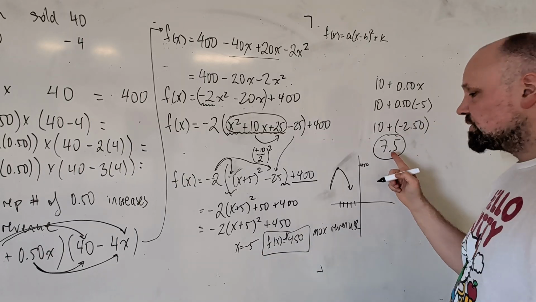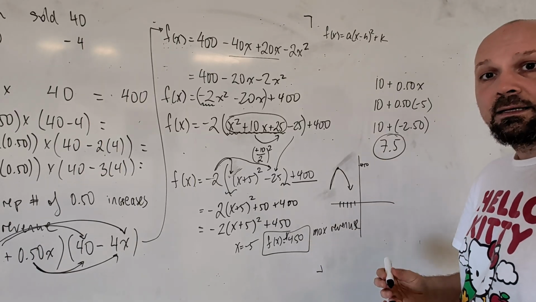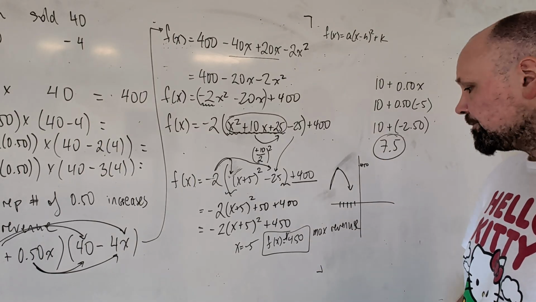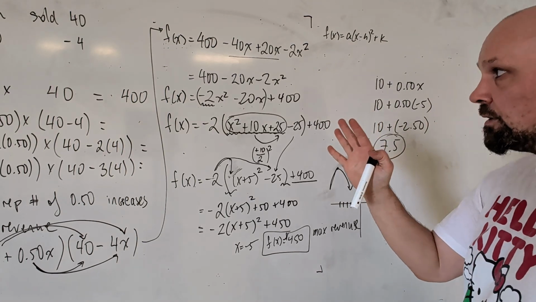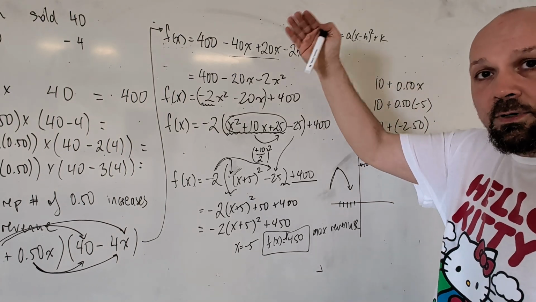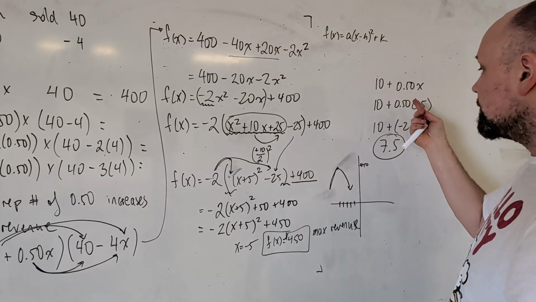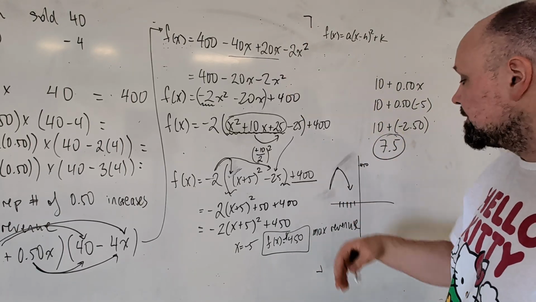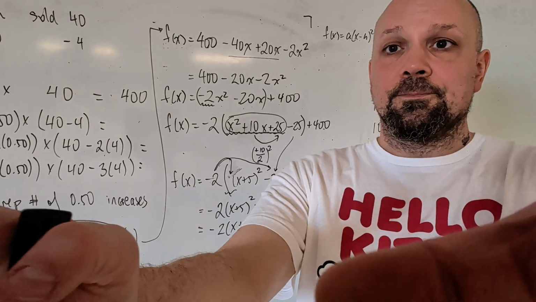They actually need to reduce the price so that they can get to that maximum. So they should do 5 reductions, which means they're going to get more customers, because every time they increase the price, they lose customers. So if they reduce the price, they'll get more customers, and they'll get as much as $450. Okay? That's it.